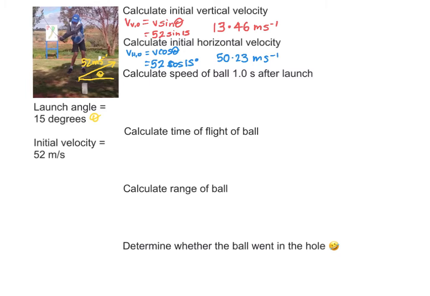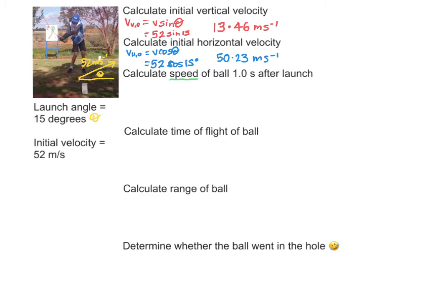Then calculate the speed of the ball 1 second after launch. So notice it says speed here, so we don't need to worry about the direction. We just need to worry about the magnitude, the scalar quantity. To do that, we have to work out what is going to be the horizontal velocity and what's going to be the vertical velocity after 1 second.